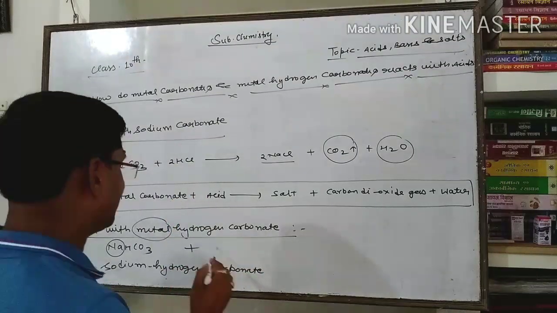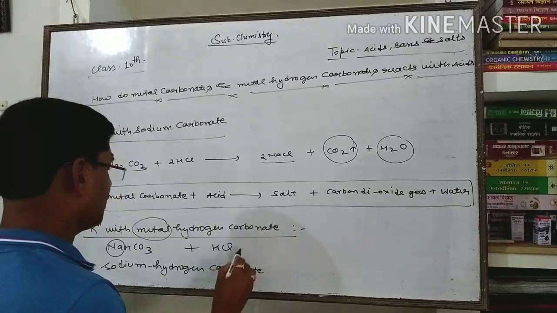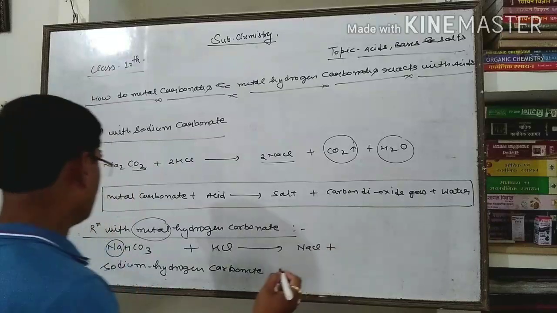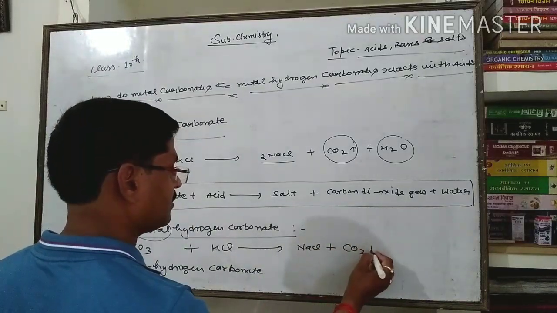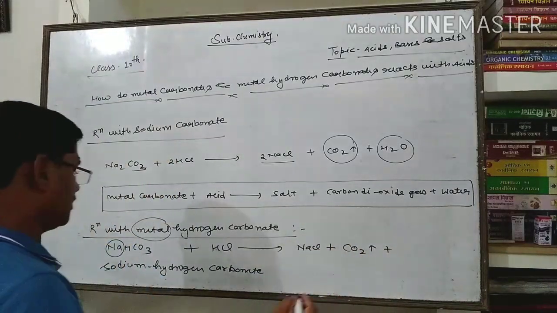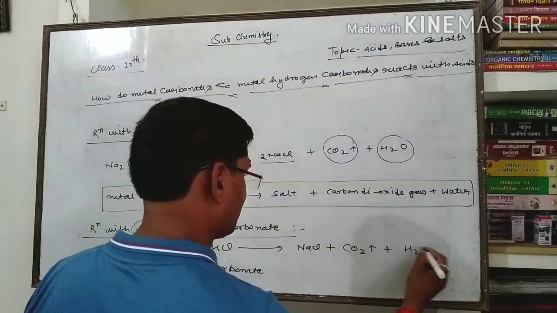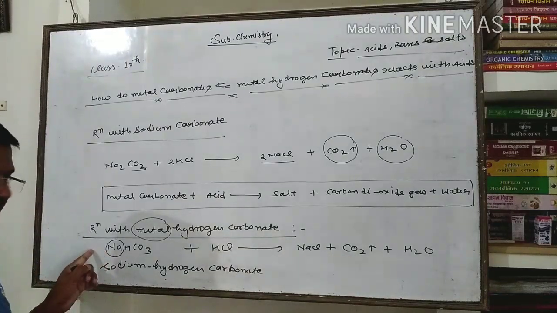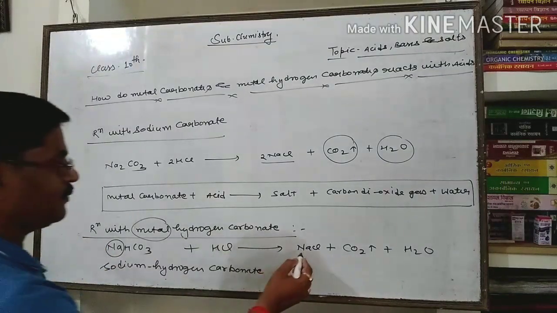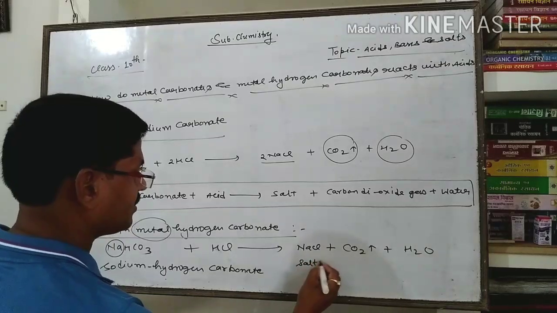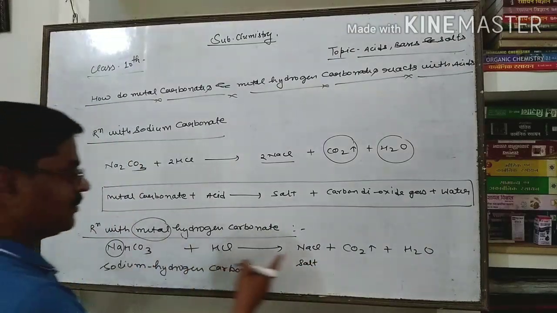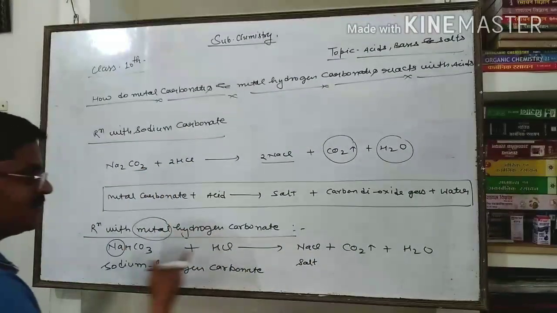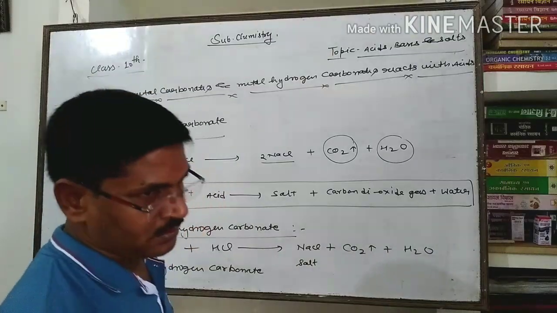After that, suppose I take hydrochloric acid once again, so it will give the salt sodium chloride, CO2 gas and water. Because we have taken NaHCO3, the respective salt is sodium chloride, one carbon, so it will give one molecule of carbon dioxide gas, one H here and one H here, that's why it will give H2O, one molecule of water.